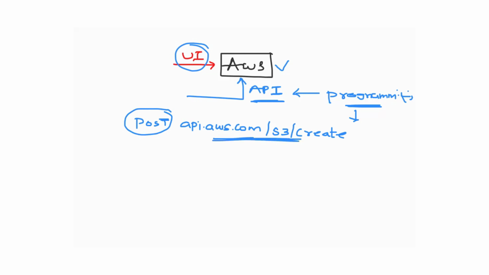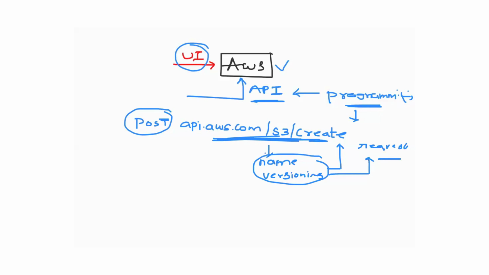Just access this specific URL, or in your program write this URL and pass parameters such as the name of the S3 bucket you want to create, whether you want to populate any files, or whether you want versioning enabled. If you are a Python programmer, you will call this API using the requests module or something similar, pass these parameters in your Python code, and the S3 bucket gets created. So this is the API.